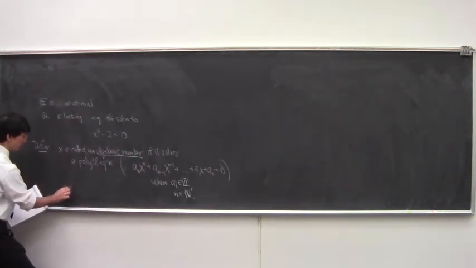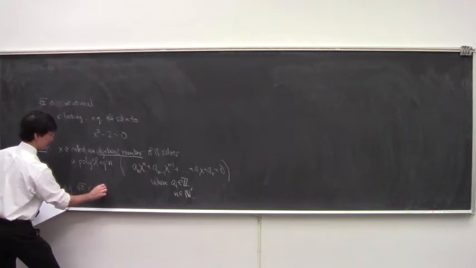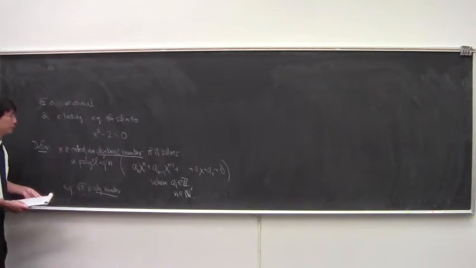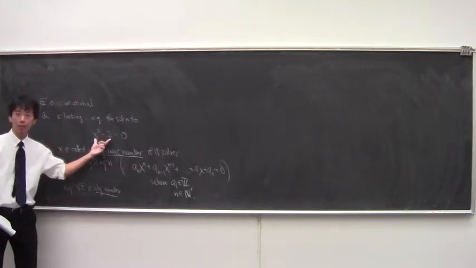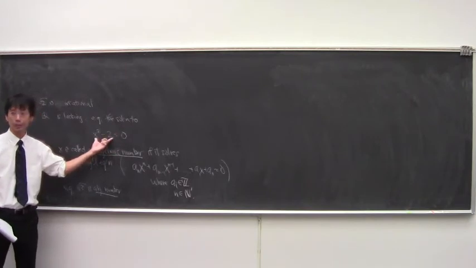Okay, so for example, root 2 is an algebraic number, because it satisfies this polynomial equation with integer coefficients.